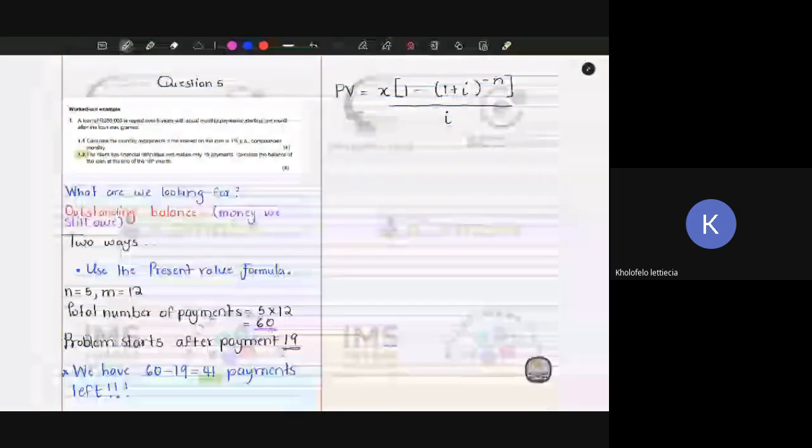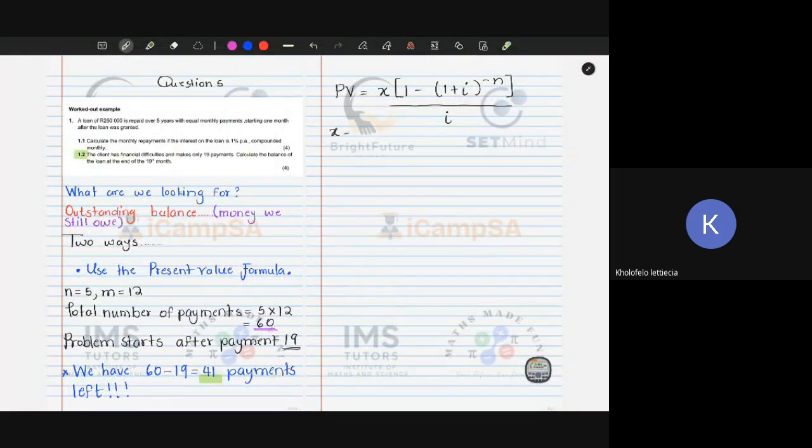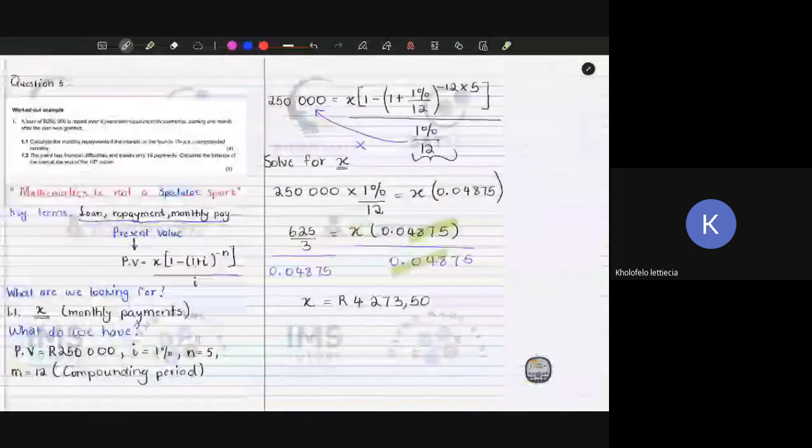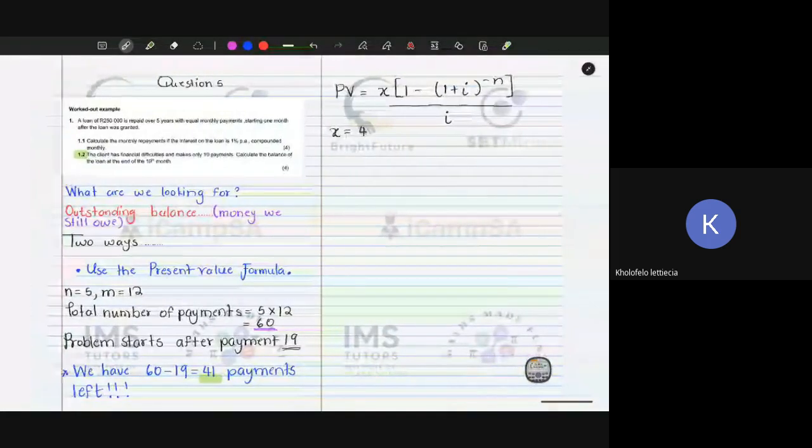Okay. So we know that our X, which is our monthly installment, we said it's 4,273.5. And all the other things remain the same, so that i is 1% and so on.